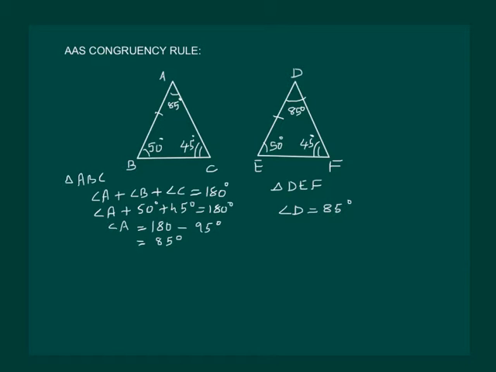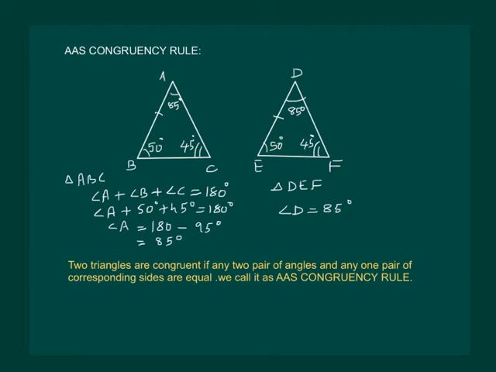So triangles ABC and DEF are congruent by ASA property. So we conclude that two triangles are congruent if any two pairs of angles and any one pair of corresponding sides are equal. We call it the AAS congruency rule.